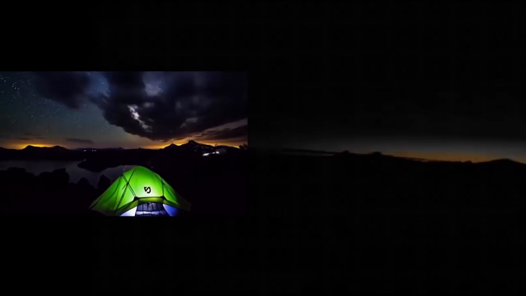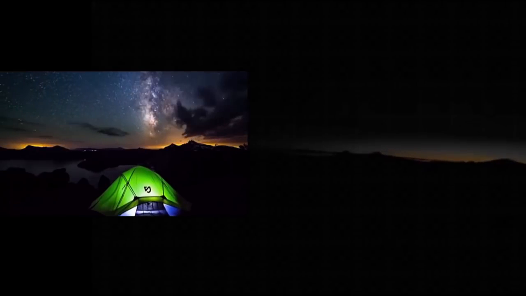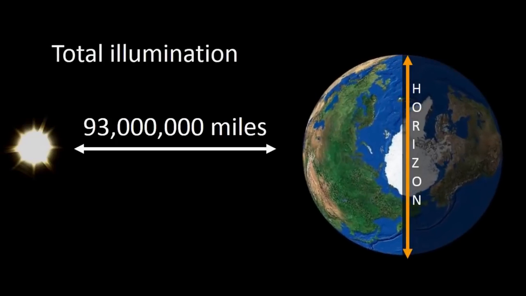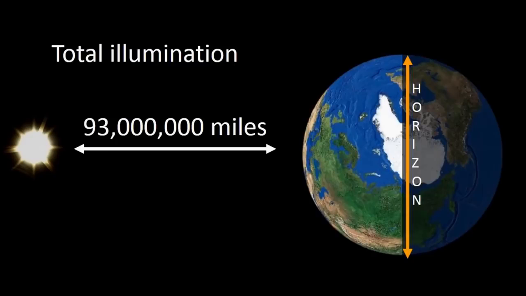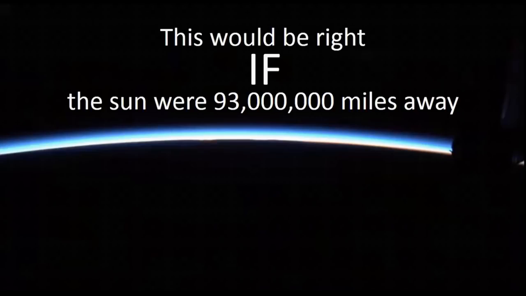The sun is not 93 million miles away, because if it was, the entire horizon would fade evenly, and the entire horizon would fade at the same time.